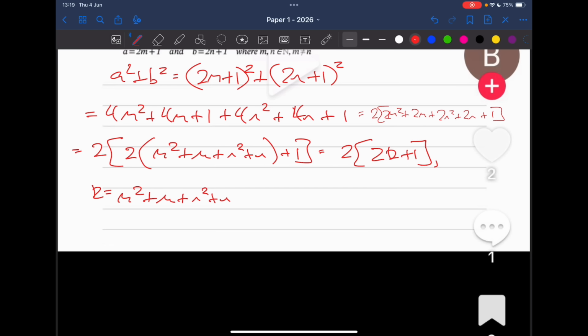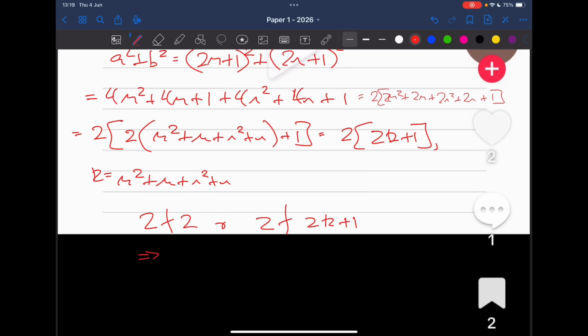So one thing to note then, 2 is even. 2 is a factor of 2. That's good. But 2 is not a factor of 2k plus 1. So what that tells us is that a squared plus b squared is a factor of 2.